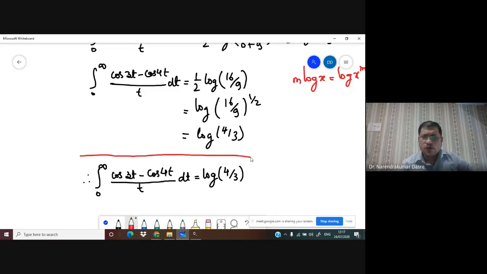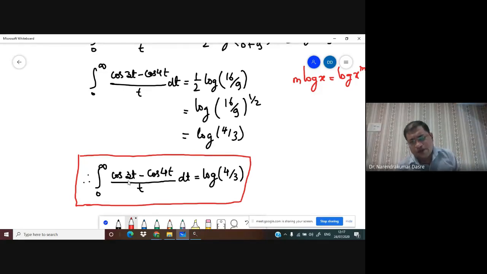So this is how we are able to evaluate the real integral. See, this integral we were not able to evaluate by our usual methods up to yet, whatever we have seen. But if we use Laplace transform, it is easy for us to find this integral which is complicated to solve.